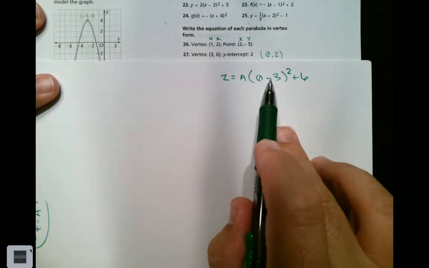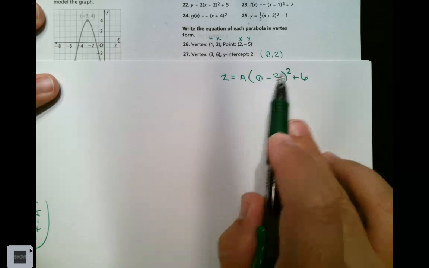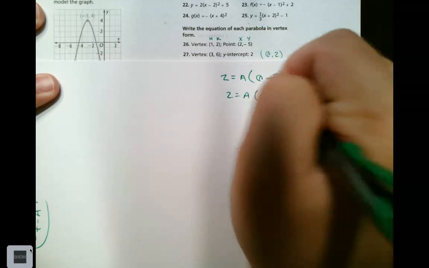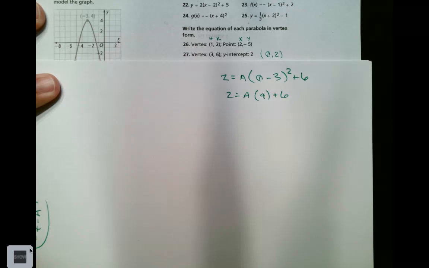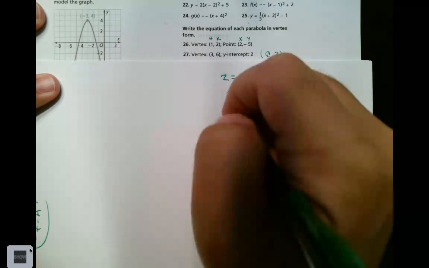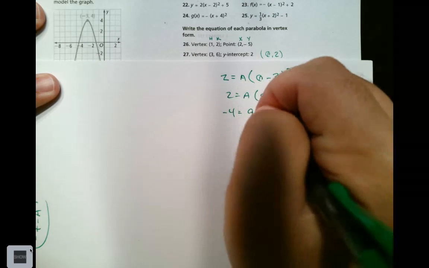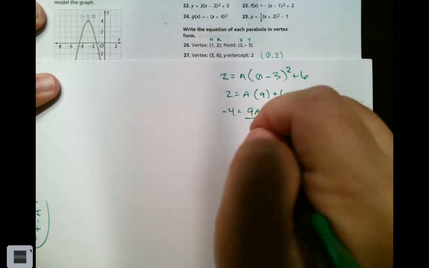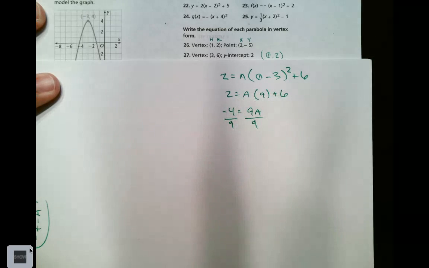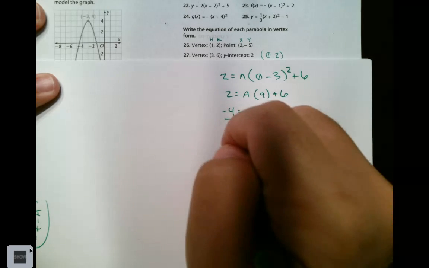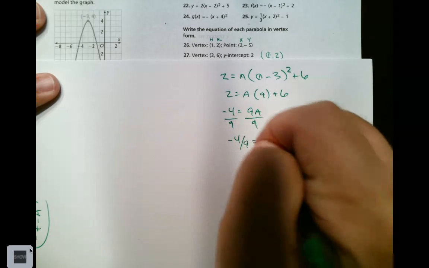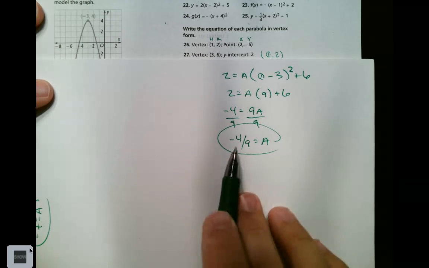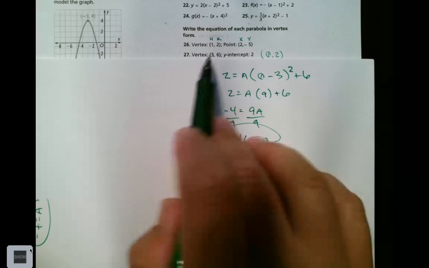So 0 minus 3 is -3. -3 squared is 9. And then if I solve this problem, I'm going to go ahead and subtract 6 from both sides. I'm going to rewrite a times 9 as 9a. Divide both sides by 9. And I get -4/9 equals a. Let me just double check and make sure I didn't mess something up there, because I don't know if you're supposed to have a fraction or not.